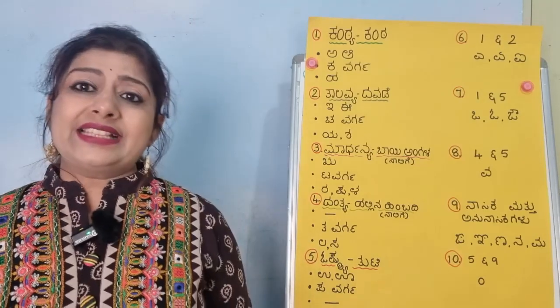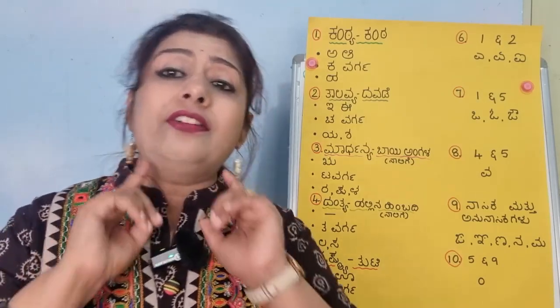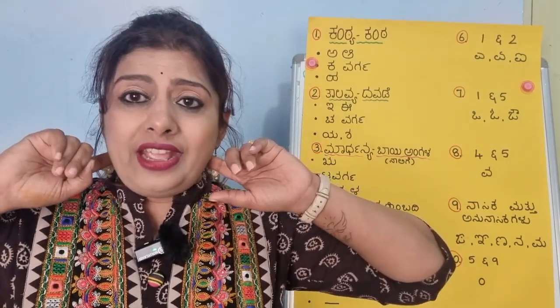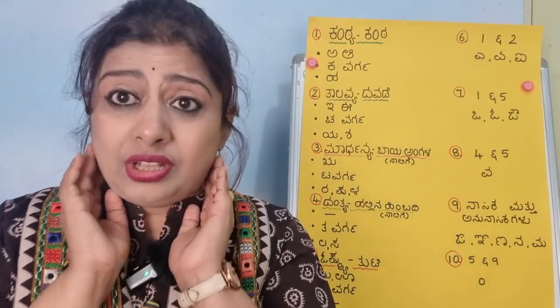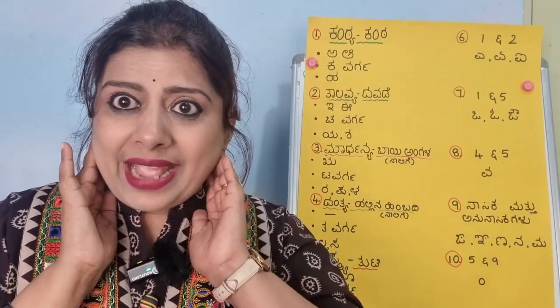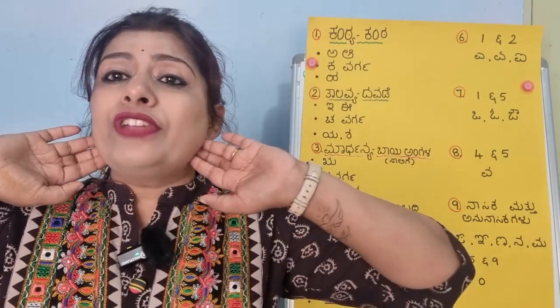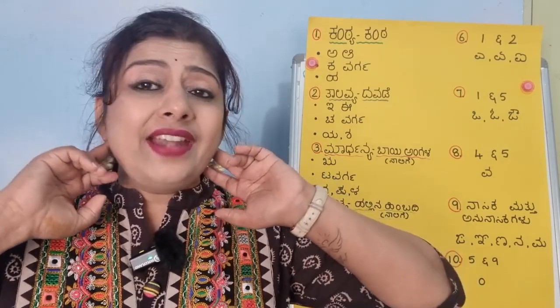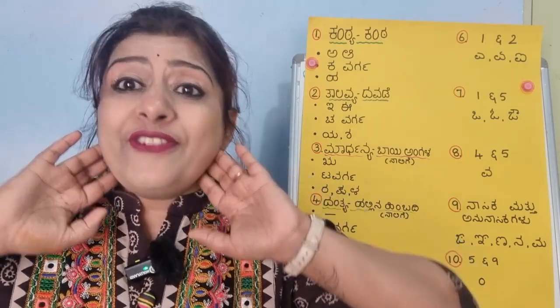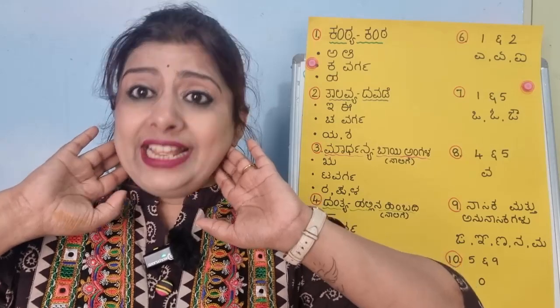The next place is Talavya. Talavya means the jaw. It is almost close to the wisdom tooth or the canines that we have. You can place your fingers beneath the joint where the earlobes and your mouth meet, and you can feel it when you take these letters.